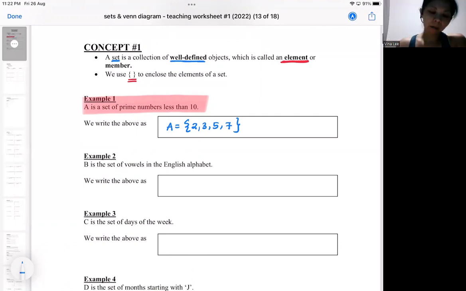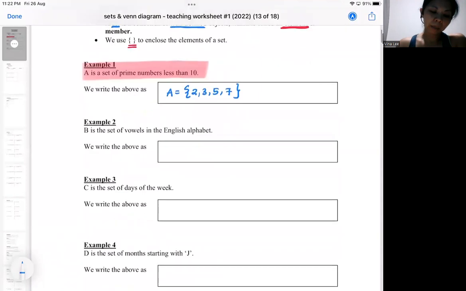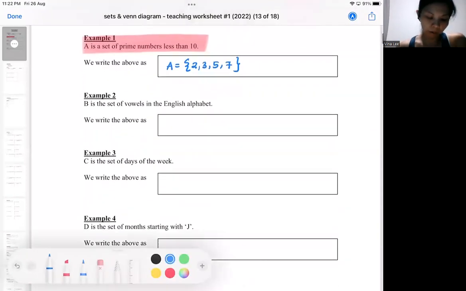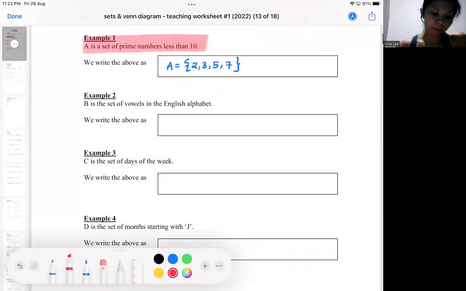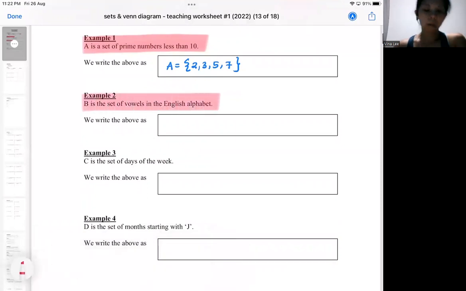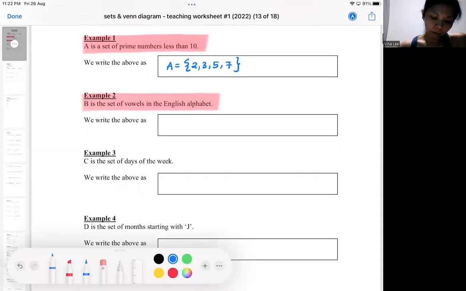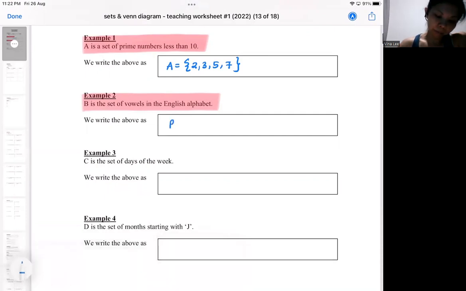In the second example, B is the set of vowels in English alphabets. Sometimes some people might forget what vowels are. Vowels are A, E, I, O, U. You might be thinking, if it's non-vowels, what do we call it?